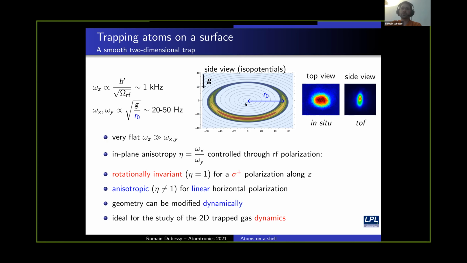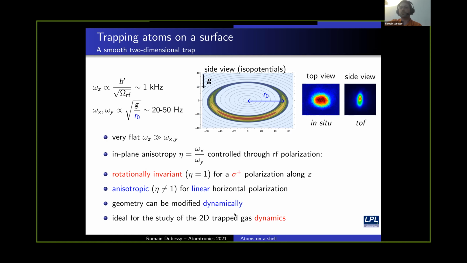And we can change the bubble radius quite easily by changing the photon frequency. And we have shown that this kind of trap was ideally suited to study two-dimensional trapped gas dynamics.